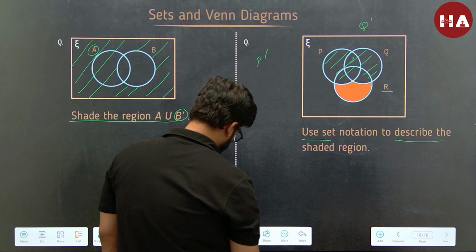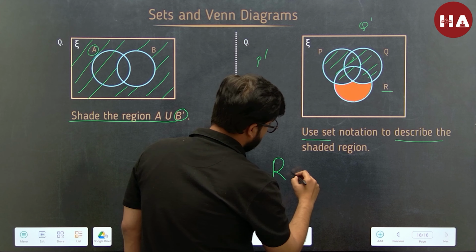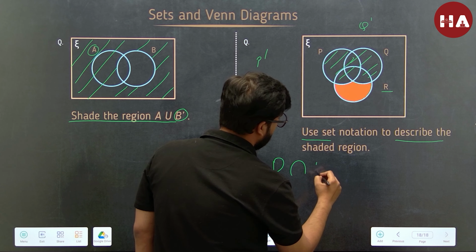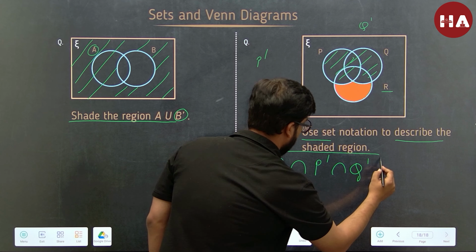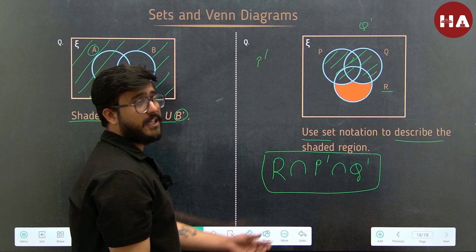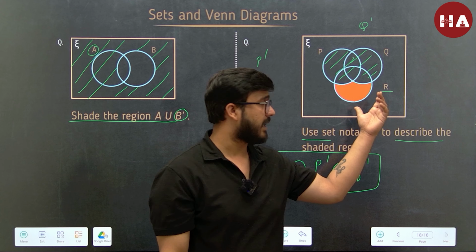R is intersecting with P complement, which is intersecting with Q complement. So you have to see which region we are taking into consideration.